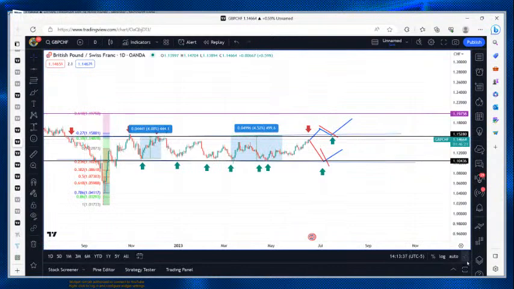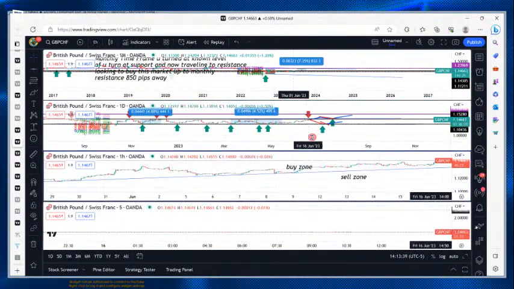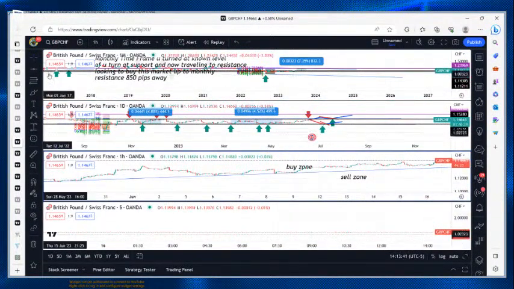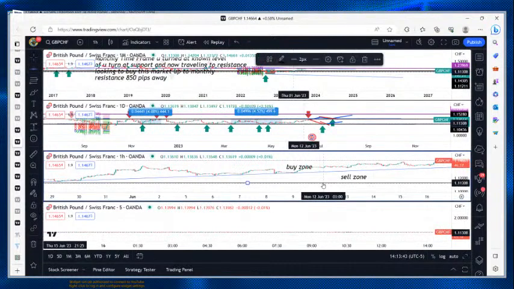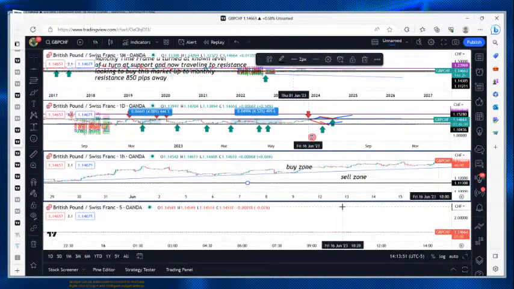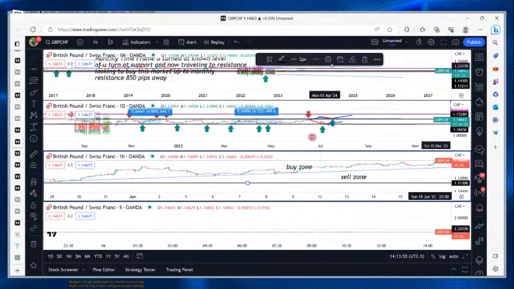And so on the 1 hour time frame we have a floor support. Wait, hold on, did I go right to it?